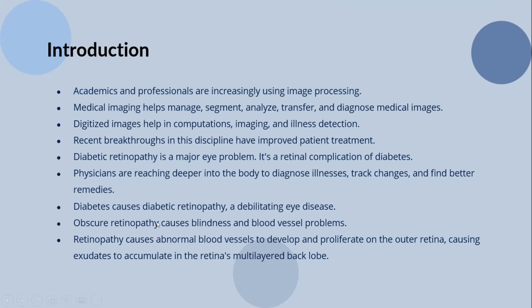Diabetes causes diabetic retinopathy, a debilitating eye disease. Retinopathy causes blindness and blood vessel problems. It causes abnormal blood vessels to develop and proliferate on the outer retina, causing exudates to accumulate in the retina's multi-layer back lobe.